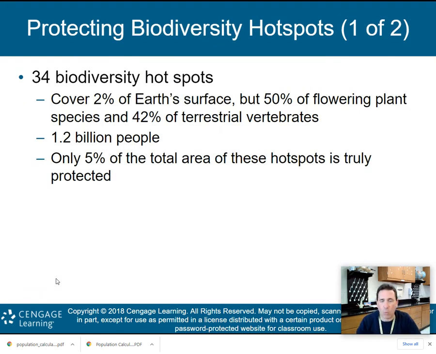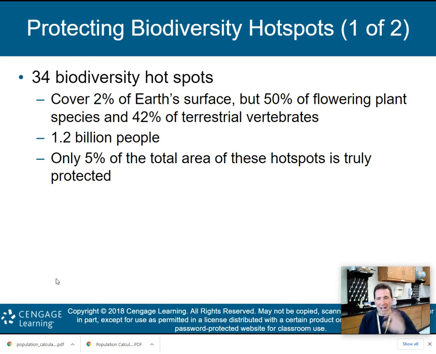So, talking about one of those, the protecting of the biodiversity hotspots. We have 34 of these biodiversity hotspots that have been found around the world. They cover about 2% of Earth's surface, but 50% of flowering plant species and 42% of terrestrial vertebrates live in this 2% of Earth's surface, in these 34 biodiversity hotspots. 1.2 billion people also live in these biodiversity hotspots, and only 5% of the total area of these hotspots is truly protected.